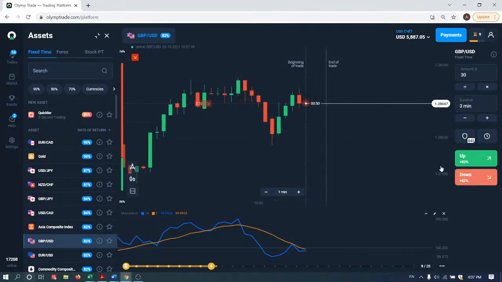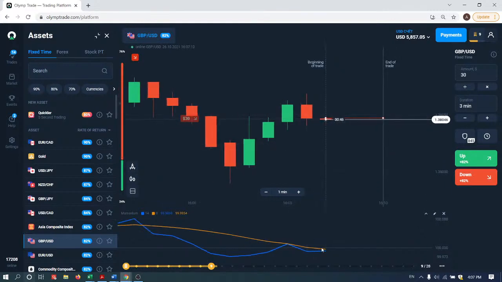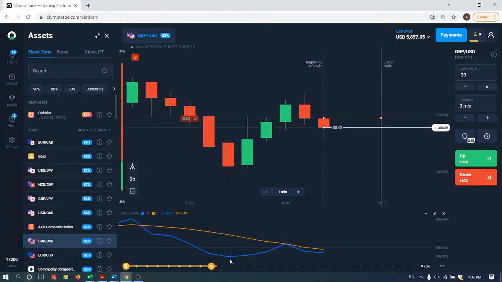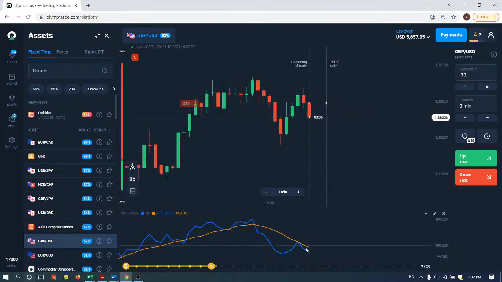Yes, GBP USD. So GBP USD, the orange line, the momentum 9 line, which is the simple moving average from this blue line, basically from the momentum itself.